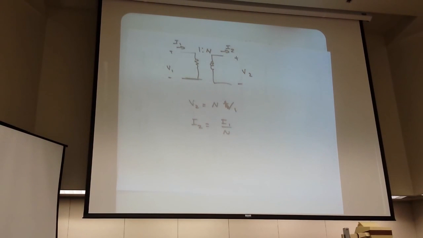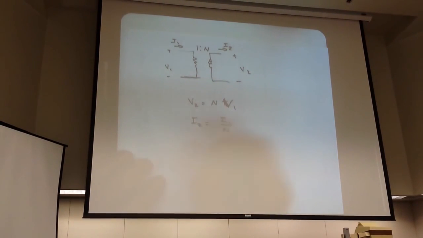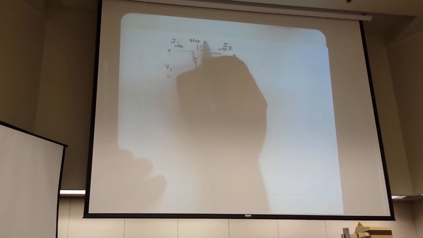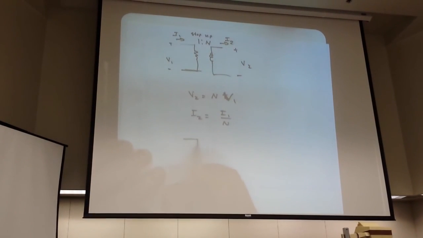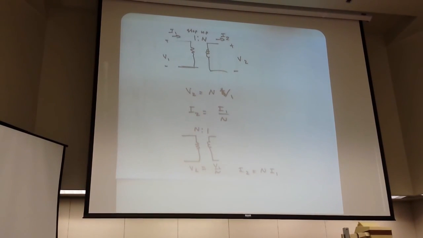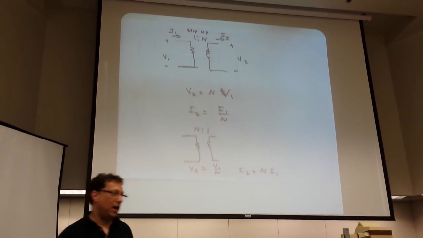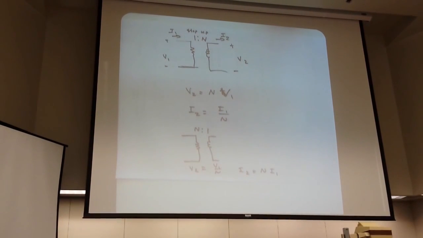This is step up. If we have step down, we could arguably write it as n to 1. And in this case, well, V2 is V1 over n. And I2 is n I1. Alternatively, you could just say n is some number between 0 and infinity, some positive value. But in this case, writing it like this is this relationship.